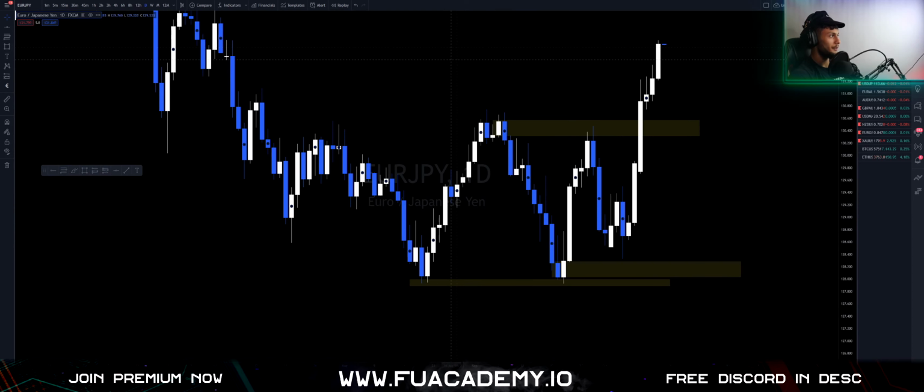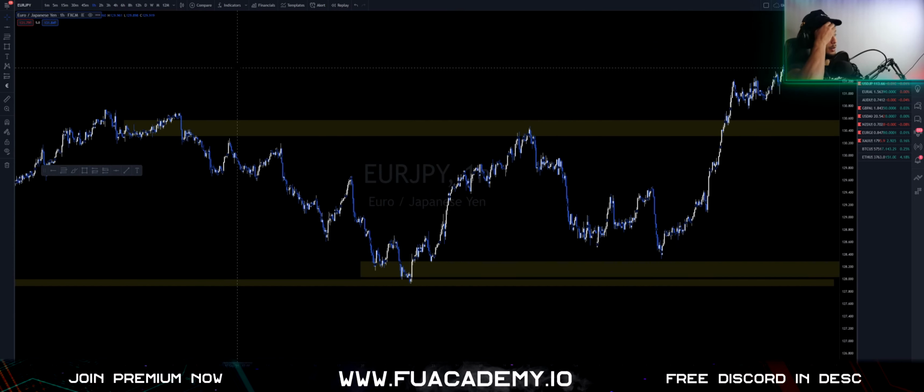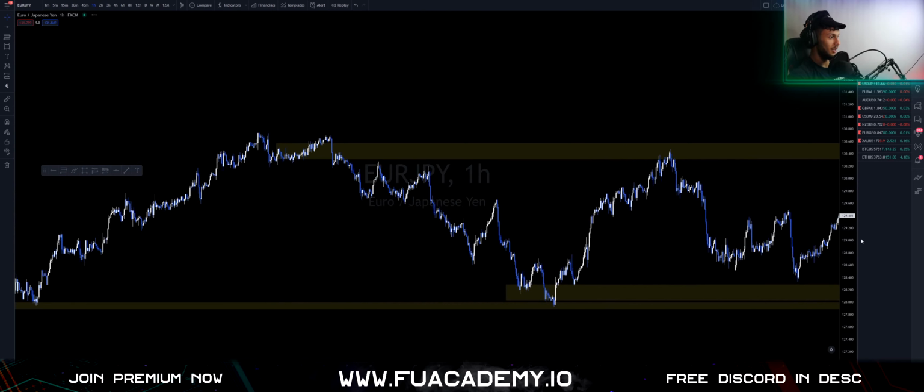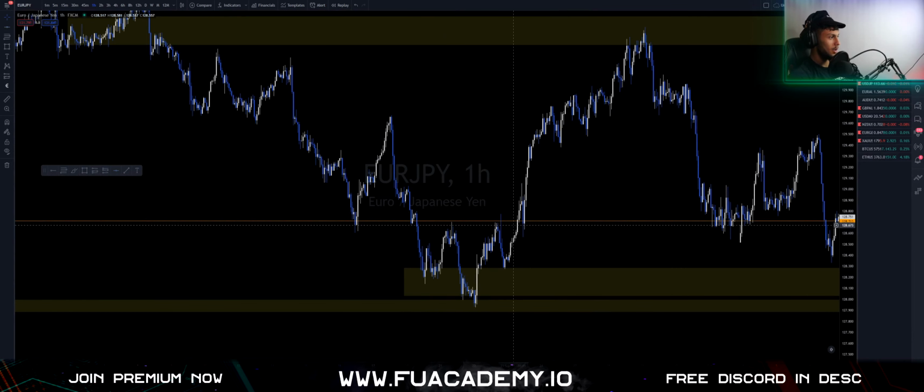Okay, so we break down to the lower time frames. Now, I'm going to look right here at the 1 hour time frame as price approaches my institutional candle. As you can see, the first thing is that we obviously got a break of structure right here.